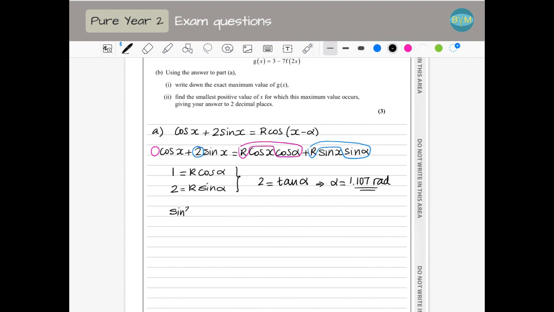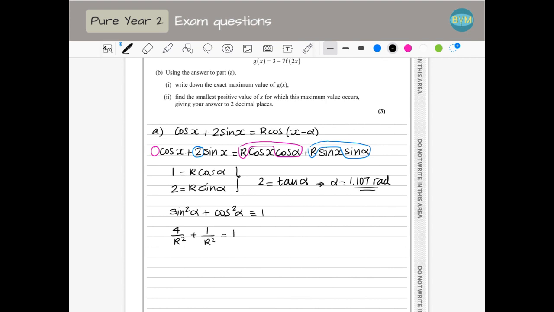I know the identity sine squared alpha plus cos squared alpha is 1. From here, I know sine alpha is 2 divided by R, so if I square it, it's 4 divided by R squared, and the same with cos. Cos alpha is 1 over R, and if I square it, it's 1 over R squared.